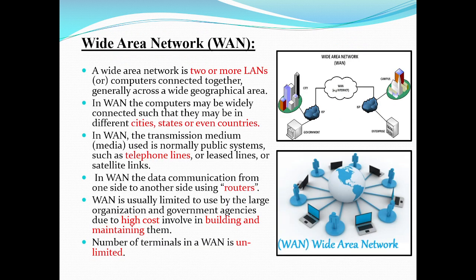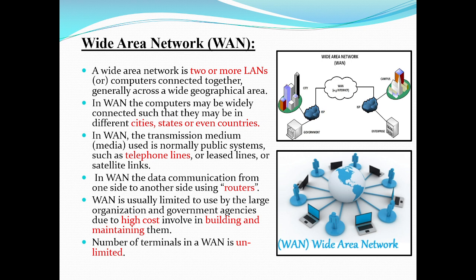Now let us move to the WAN, wide area network. This one is greater than a MAN. 2 or more LANs can be connected together, generally across a wide geographical area, and then we can call it a WAN.